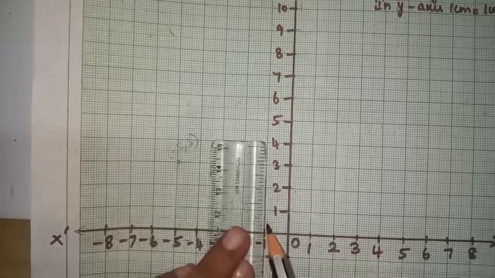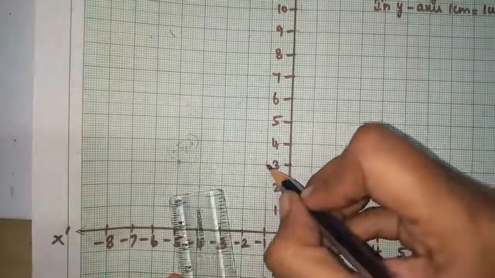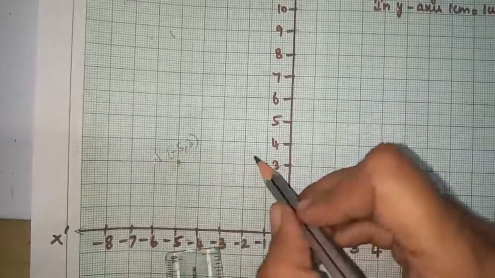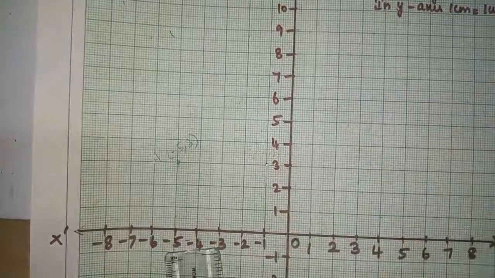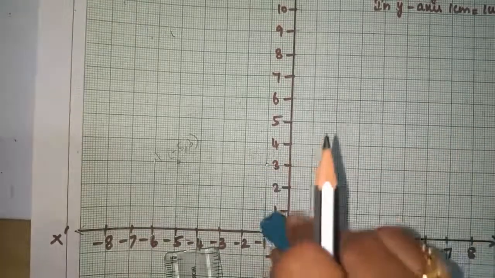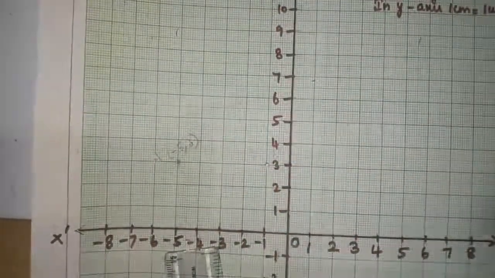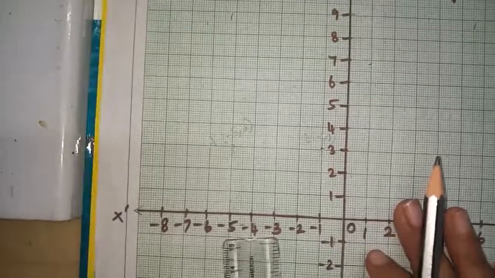So minus 1, 3 is here. So you name the point as A and B is minus 1, 3. I hope you all understand how I am plotting the points. So this is B of minus 1, 3.